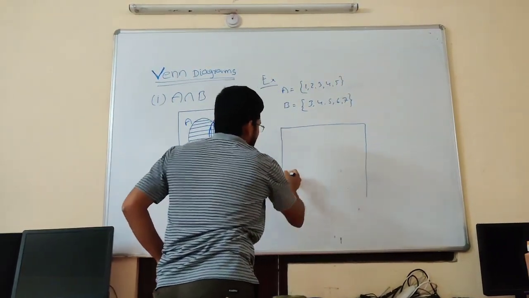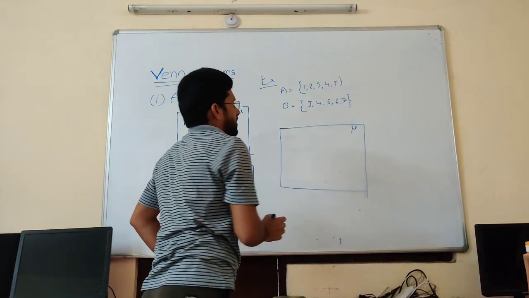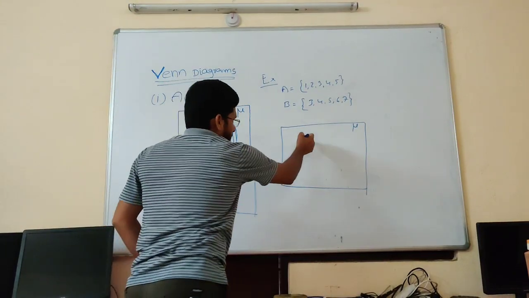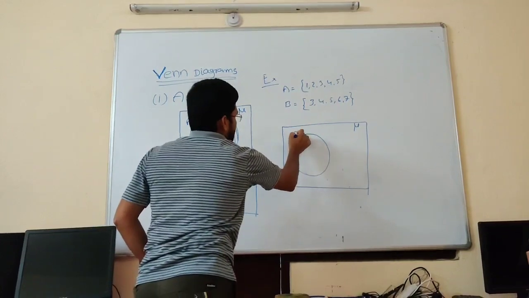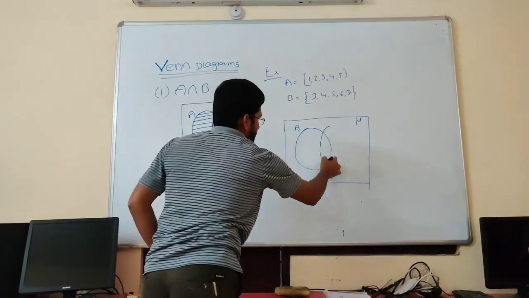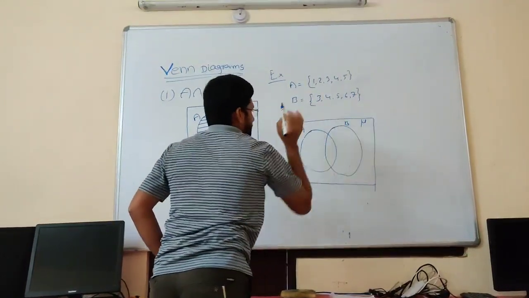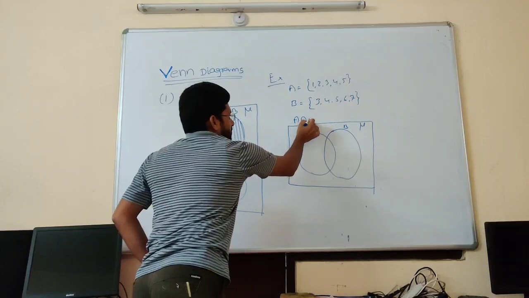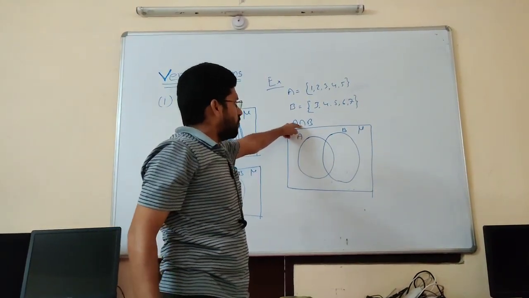This is the universal set, so we can represent it with mu or with capital U also. Now this is set A. This is set B. Our concept is A intersection B. Intersection means common elements from both sides.